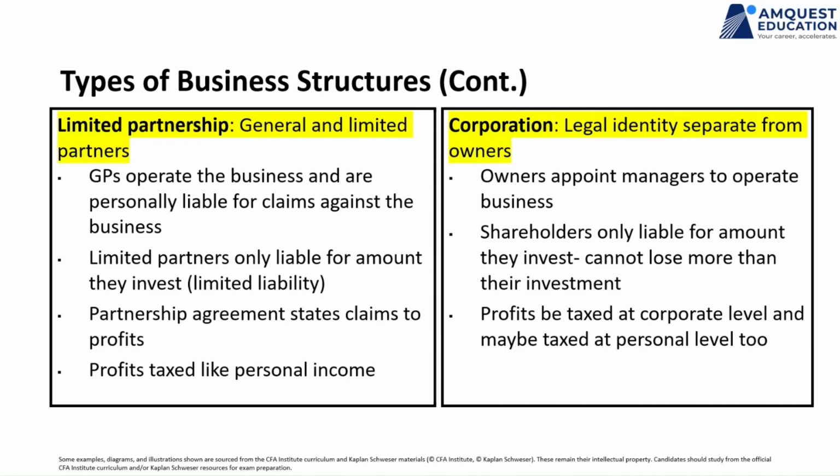General partners operate the business and are personally liable for claims against the business, which means general partners have unlimited liability, while limited partners, as the word itself suggests, are only liable for the amount they invest, which is why they have limited liability. I'm only liable for the amount that I'm investing in the business.